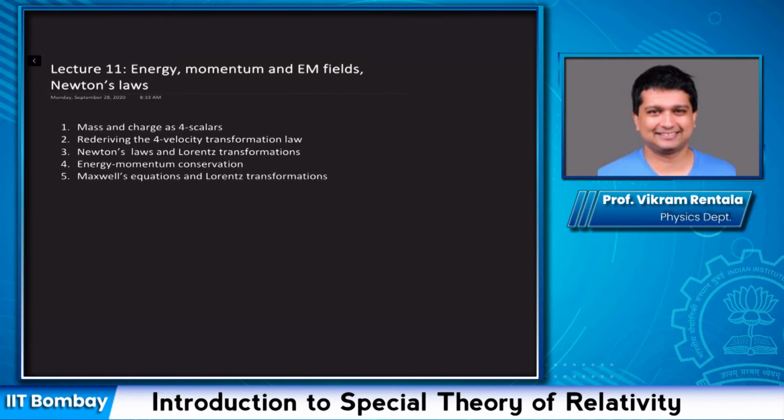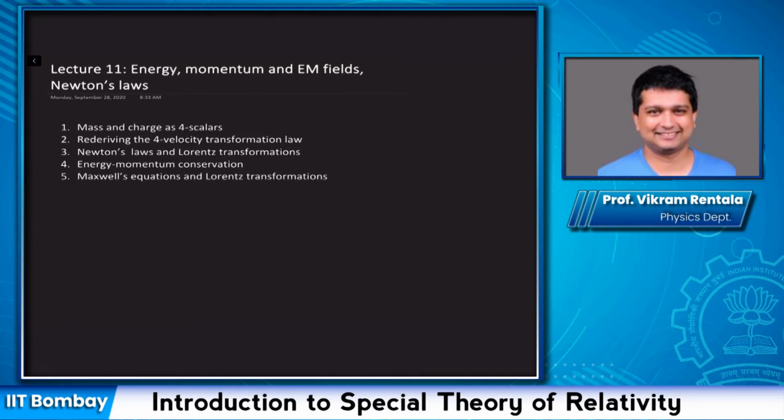Then we'll rederive the four-velocity transformation law in a more interesting way, which seems a lot more natural. Once we do this, we will understand how to modify Newton's laws to make it consistent with Lorentz transformations.